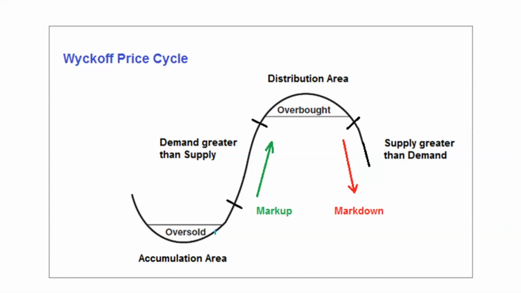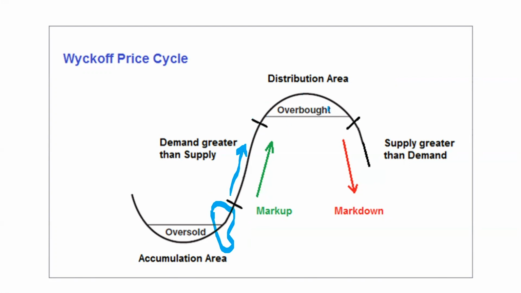Ideally, we want to be in these accumulation areas when they're ready to mark up and go into this long-term uptrending area. The idea here is that big accumulation areas produce big advances.